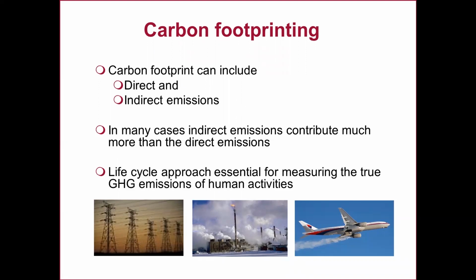For example, if a car factory wants to estimate their emission, the direct emission from their car manufacturing plant would be much lower, because a lot of those emissions occur during the use stage. And it's not only for cars, but there are a lot of other products or processes where the indirect emission would contribute much more.